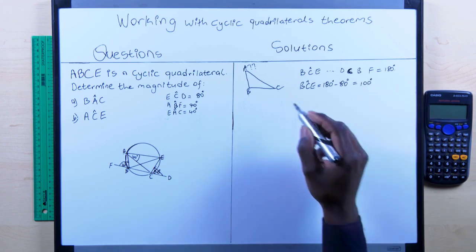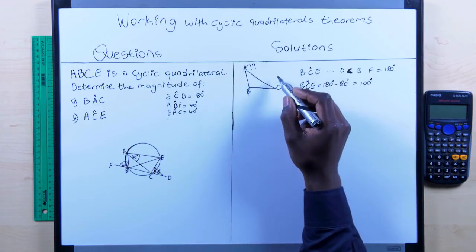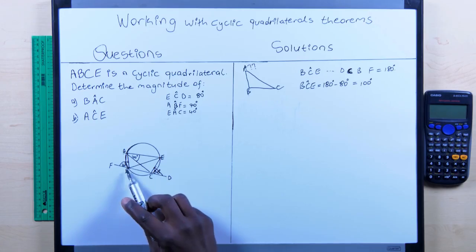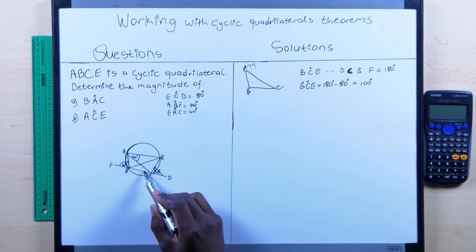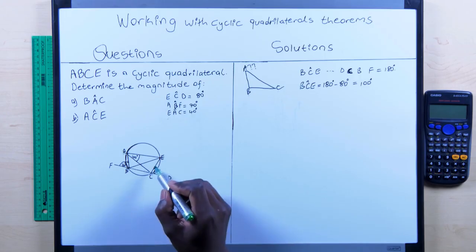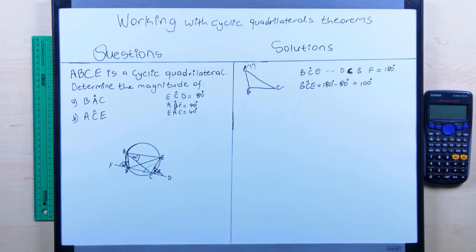So we know that if you're looking at BCE, this big portion here, that green region there, that angle is 100 degrees.